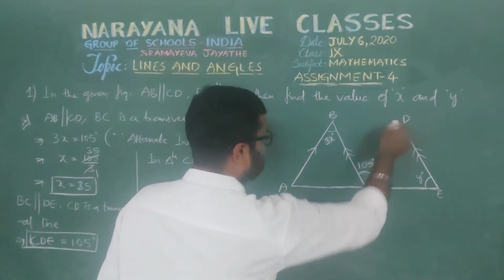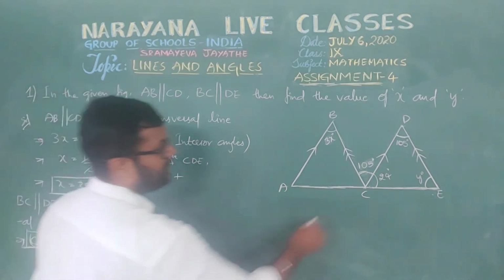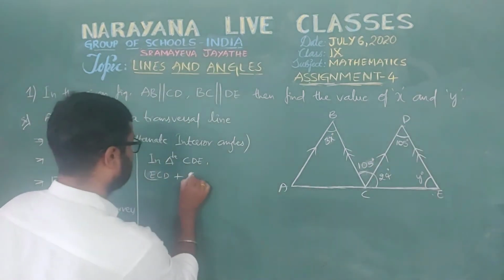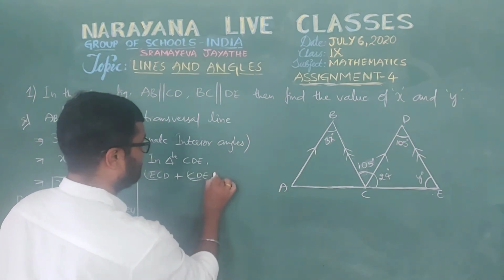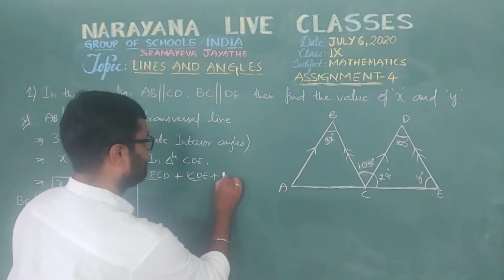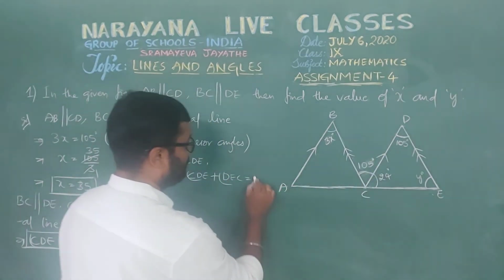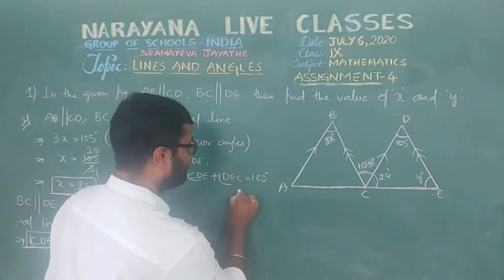angle ECD plus angle CDE plus angle DEC is equal to 180 degrees. Why?